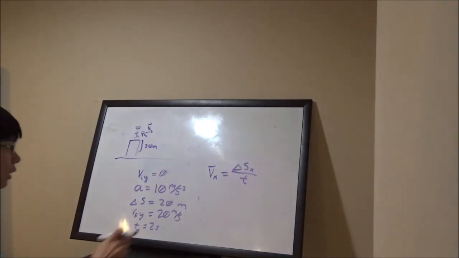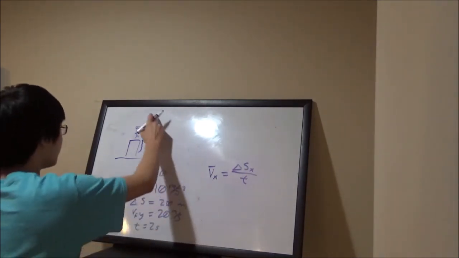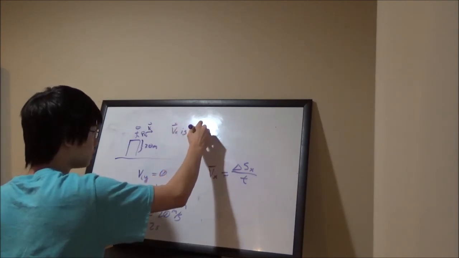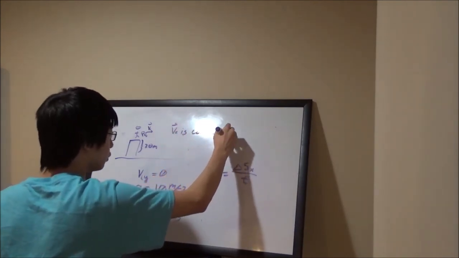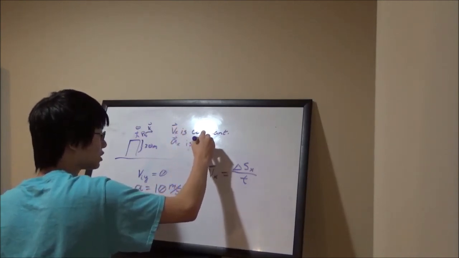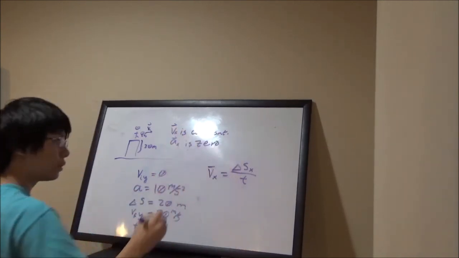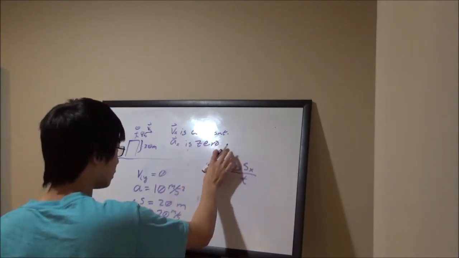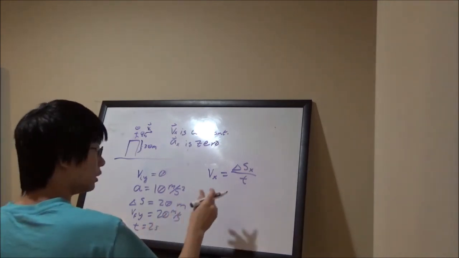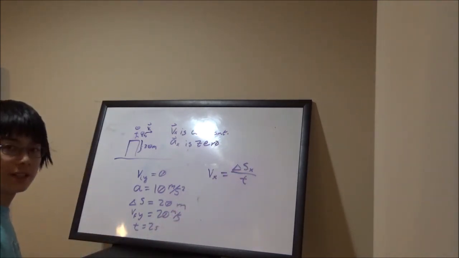Okay, well, I said before, this velocity is constant, so Vx is constant. Why? Because there's no acceleration in the x direction, so ax is 0. So I can just say Vx here. Alright, so delta Sx over t.